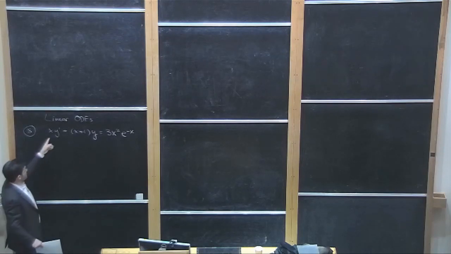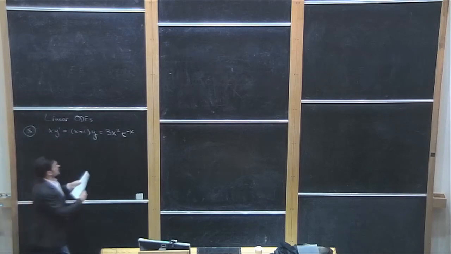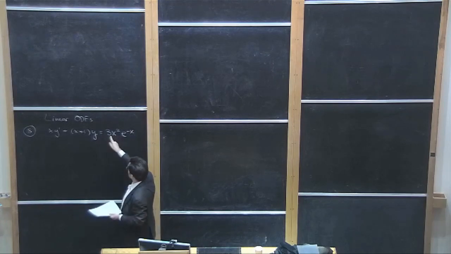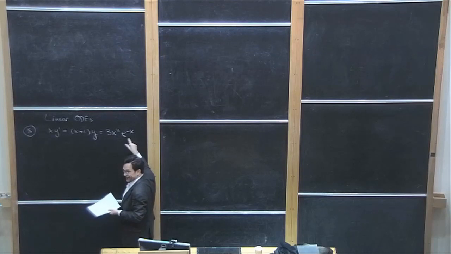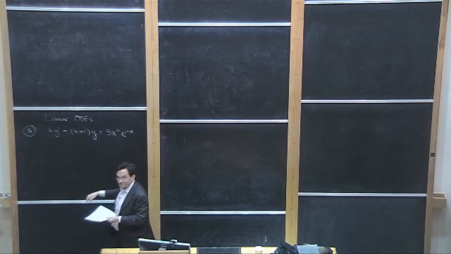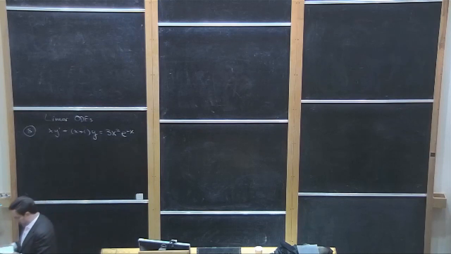So any linear combination of solutions to this will also be a solution. And also if I add more functions to the right-hand side, I could construct a solution by constructing a solution with one particular thing on the right-hand side plus the solution with another, and so on, right? So that's your superposition principle.